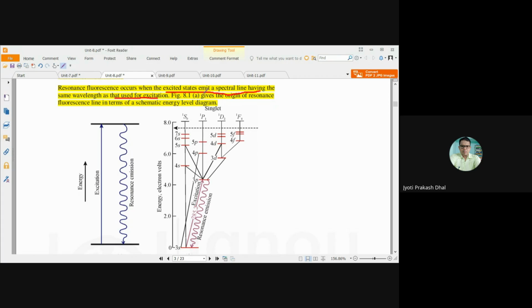The figure gives the origin of the resonance fluorescence line in terms of schematic energy levels. So here, this is the wavelength of excitation, and here the emission spectra will have the same wavelength as that of the excitation lines. So that will give rise to resonance fluorescence.